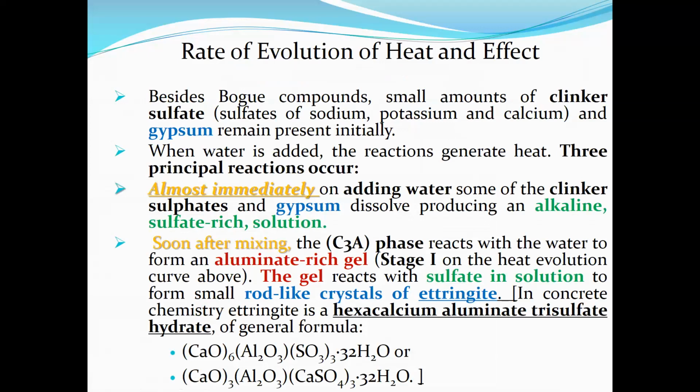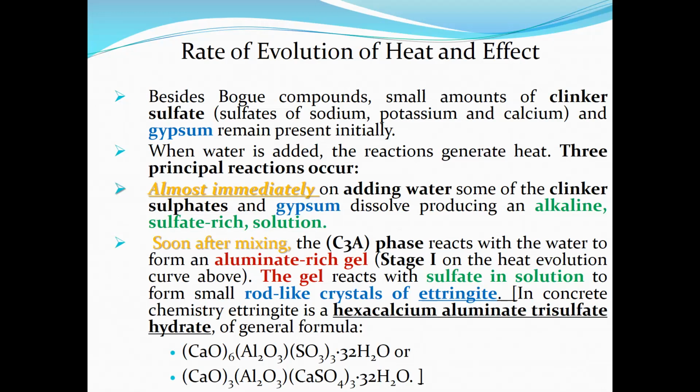Besides Bogue compounds, means besides C3S, C2S, C4AF, or C3A, small amounts of clinker sulfate, that is sulfates of sodium, potassium, and calcium, and gypsum remain present initially. So there are Bogue compounds and there are clinker sulfates.